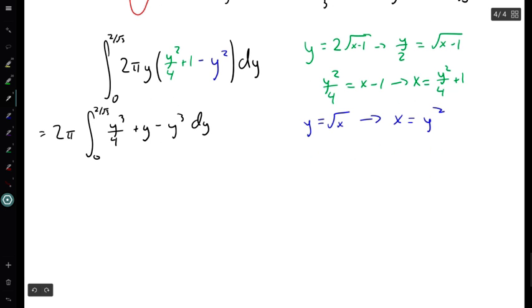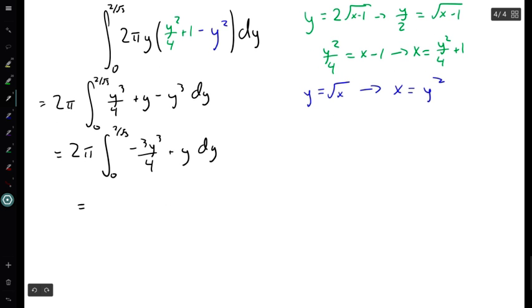Let's see, we can combine those y cubed terms together. 2 pi integral 0 to 2 over root 3 of minus 3y cubed over 4 plus y dy.